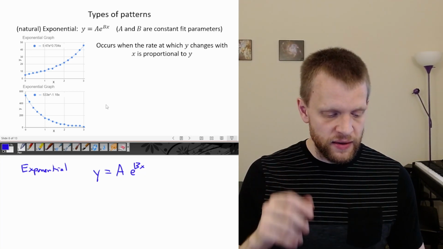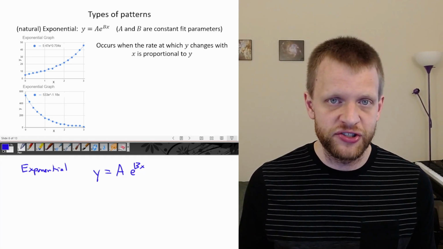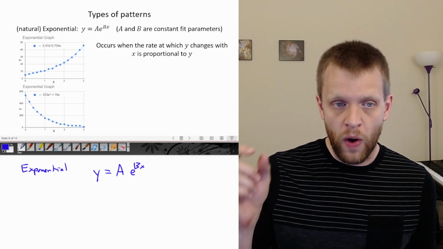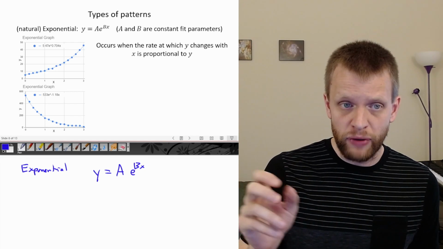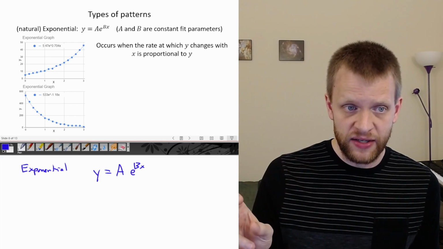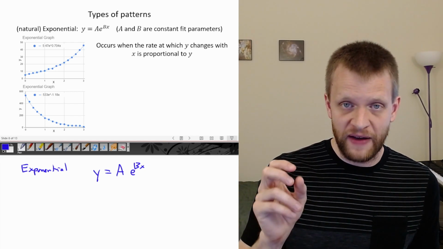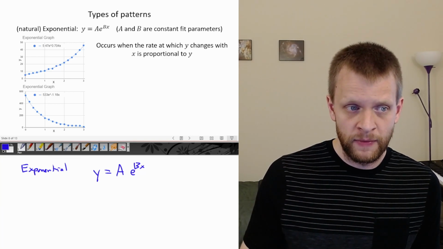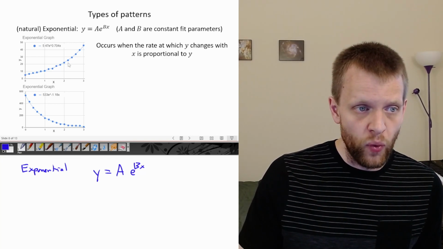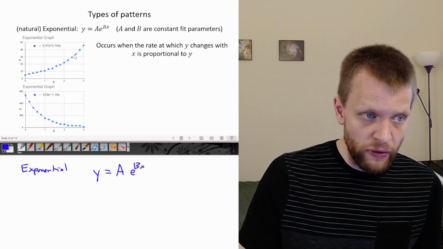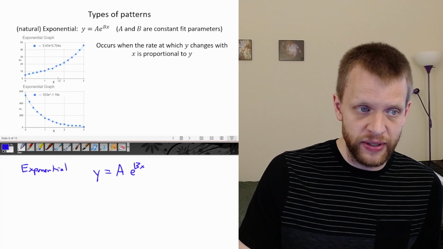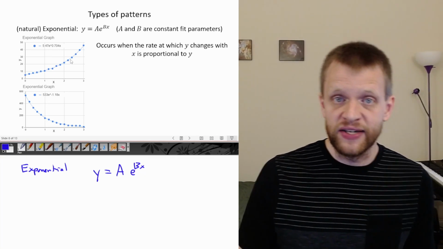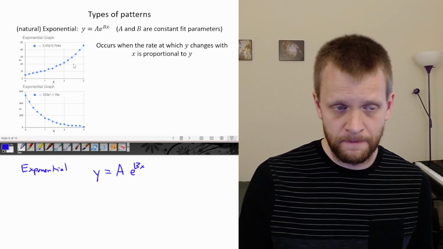And in different kinds of physical systems, this occurs when the rate of change of y, the rate of change of how y changes with x, is proportional to the value of y itself. So when y gets larger, the rate that y is going to increase as I make x larger is also going to be increasing.